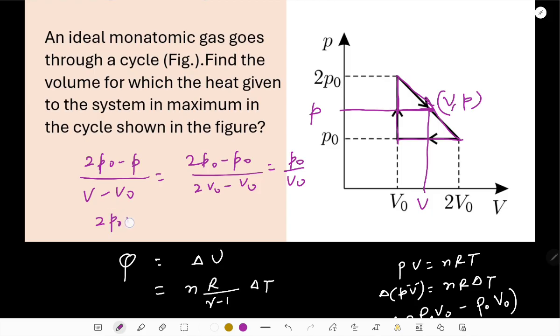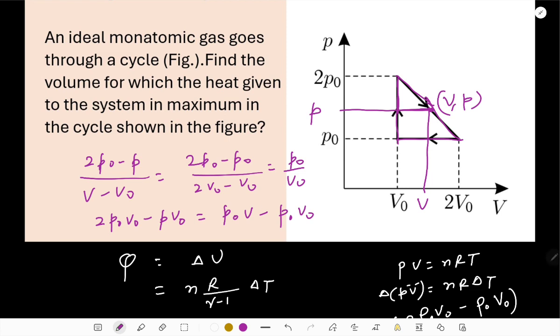so that I can get something like 2P naught V naught minus P naught V equal to P V minus P V naught, and this gives me 3P naught V naught minus P naught V equals PV naught.